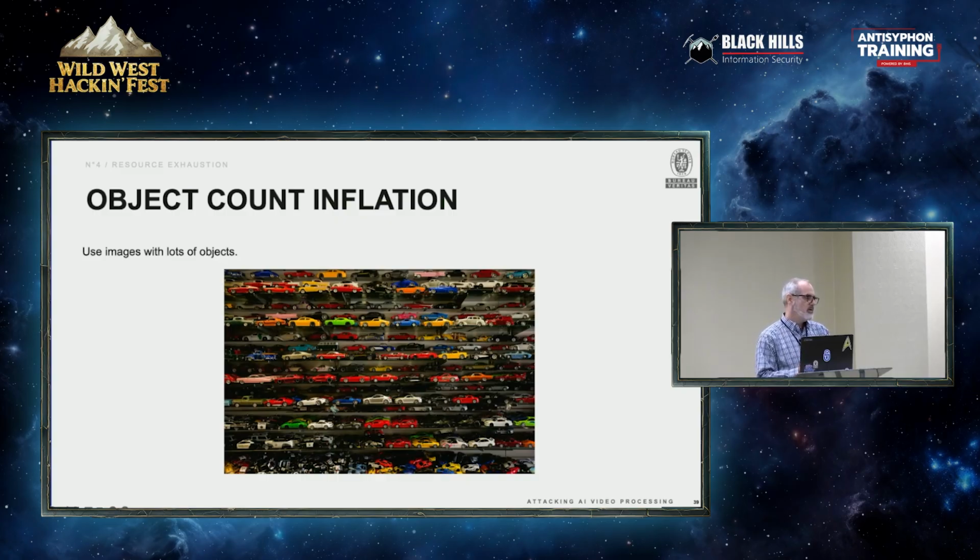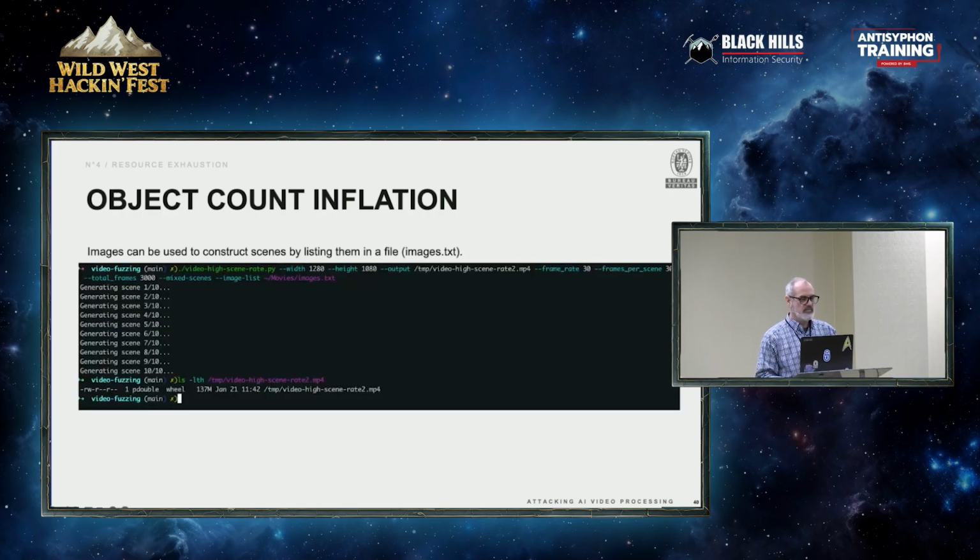Lots of cars. You have to play with this because sometimes this might be too much and it might not detect anything, so you have to pick the number of objects and size that you want. That might also balloon up and cause problems. So you can just put that as one of the slides or one of the images in the video to increase the scene rate.